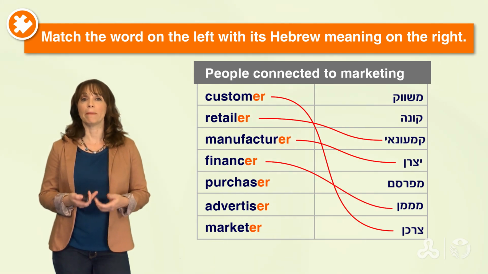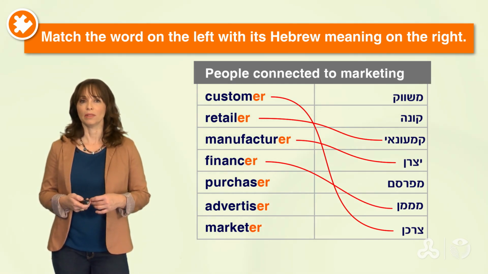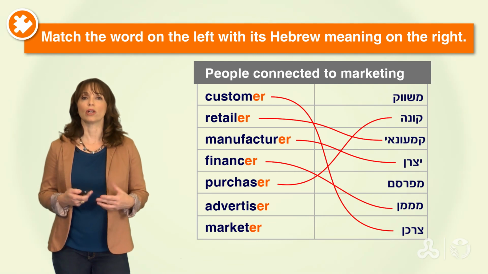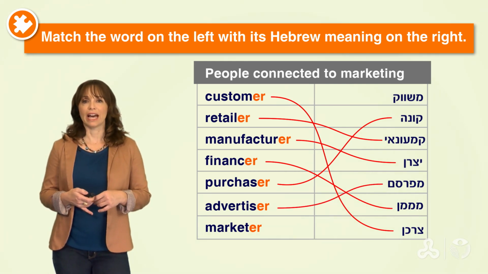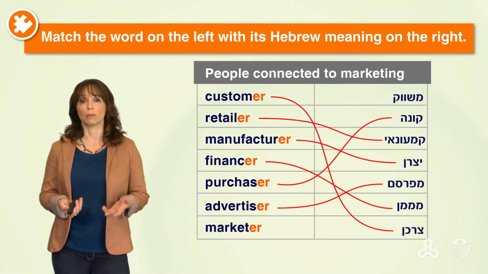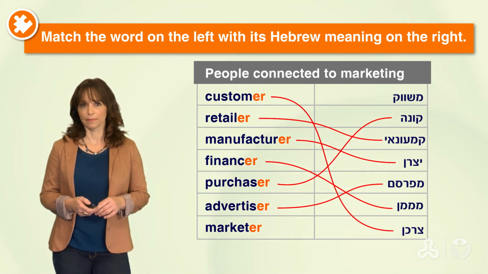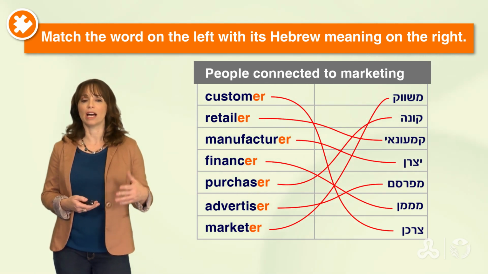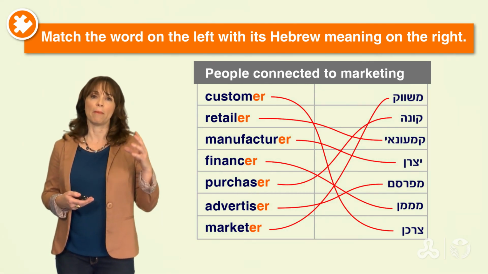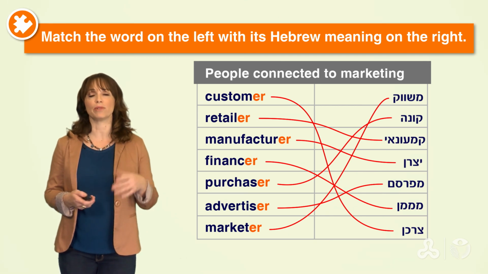Financer, מממן. Purchaser, זה קונה. Advertiser, מפרסם או פרסומאי, תלוי בהקשר. And the word marketer, which of course is a main word in our text, משווק.